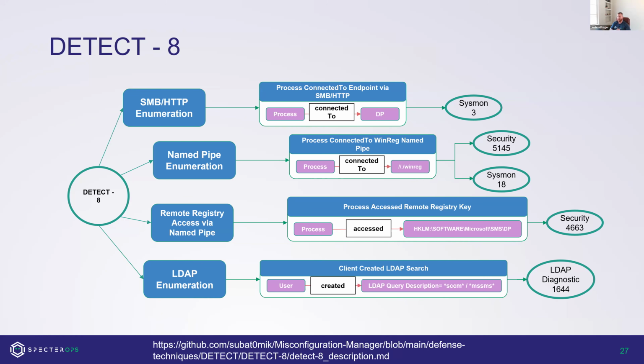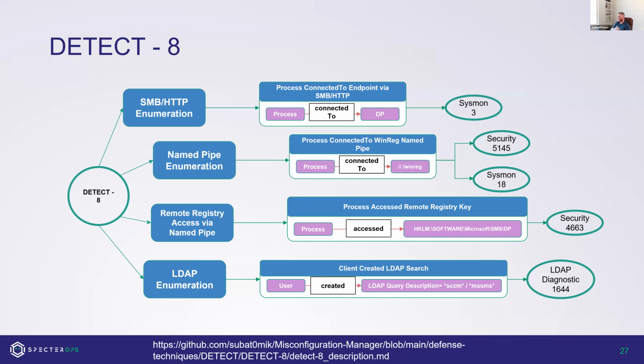I need to test it in a second client environment to definitively say this is almost never used. But I don't want to promise you something and then you go test it and it's like, oh yeah, WinReg is used 10,000 times a day. But in the one environment that I tested it in, it was never used, so it stuck out like a sore thumb. You can use Sysmon event ID 18 to see connections to that WinReg name pipe.